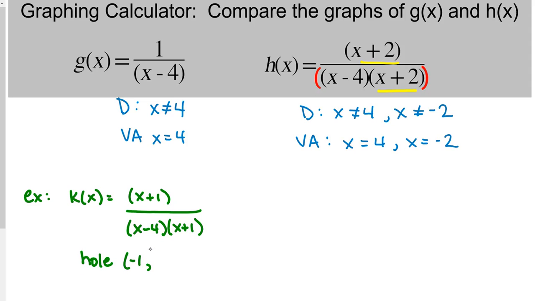Now the way you would find the y-coordinate of the hole is you would cancel those, and then you would take your number negative 1, the x-coordinate of the hole, and substitute it in, so you'd have 1 over negative 5.